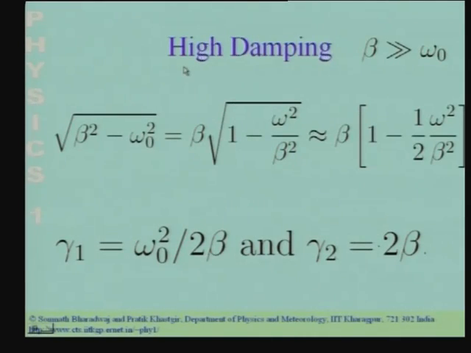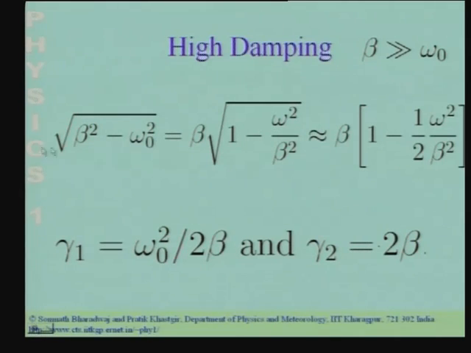Let us also briefly discuss what happens when the damping is increased so that it is much higher than the angular frequency. If the damping coefficient beta is much higher than omega naught, the situation can be understood by considering the following steps.